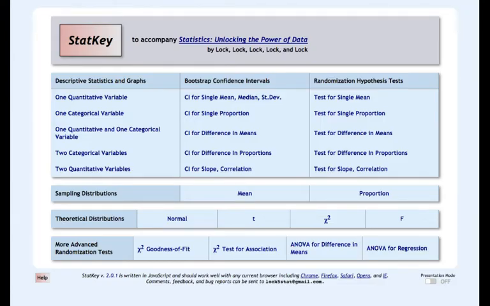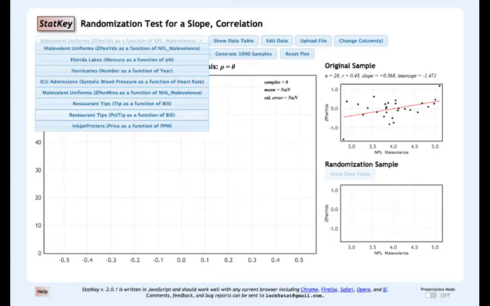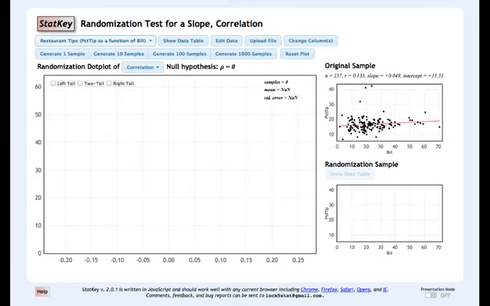So here we are in StatKey under randomization hypothesis tests. I'm coming all the way down to the bottom, test for slope, correlation. And in this drop-down data menu, Restaurant Tips, Percent Tip as Function of Bill is the one we want. Note that there are two that look very similar. Right now we're interested in percent tip.